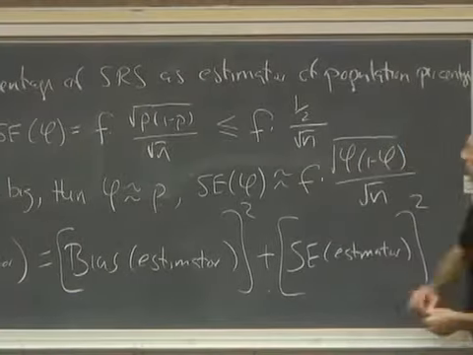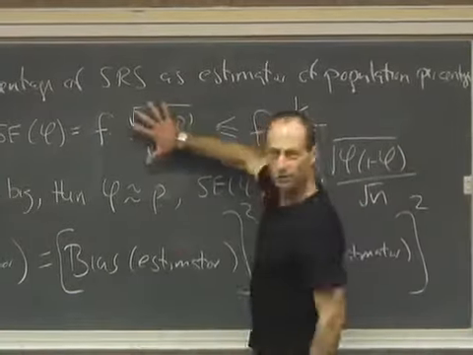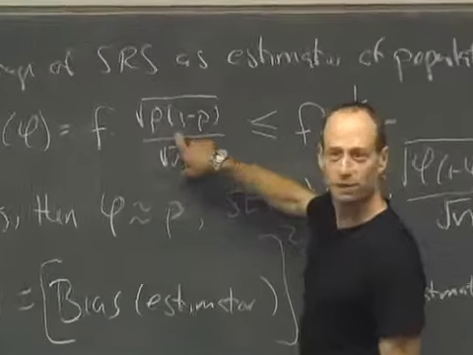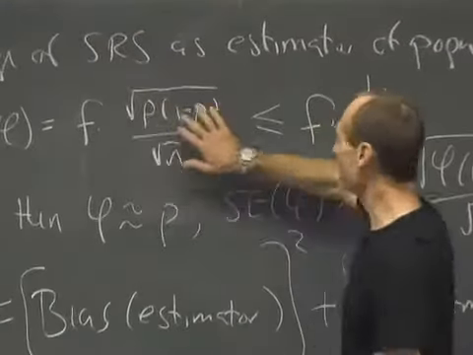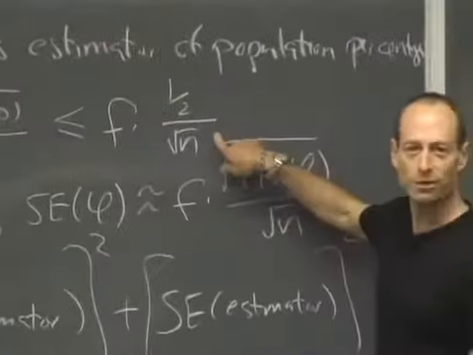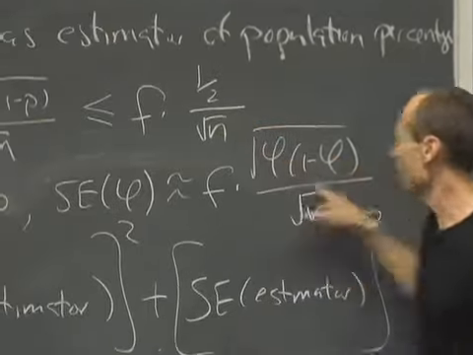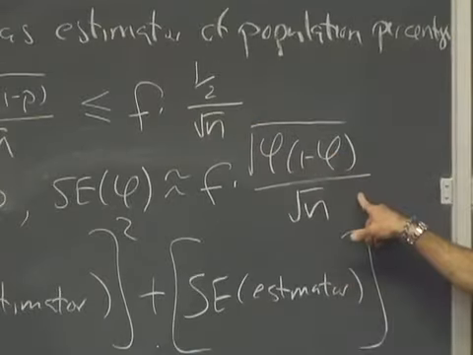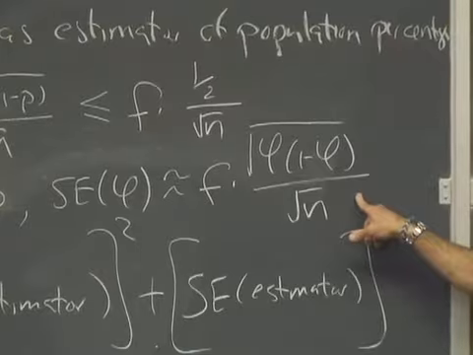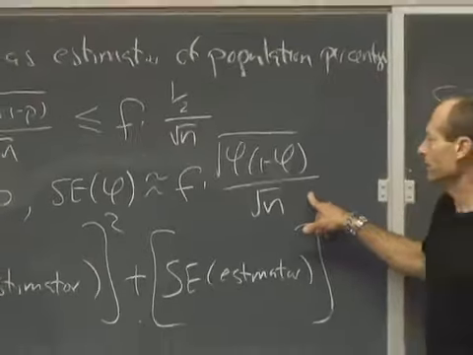Okay? So this is what it really is, but we don't know p. So we don't know what it really is. No matter what p is, it can't be bigger than this. If our sample size is pretty big, then it ought to be pretty close to this. Does this all make sense?